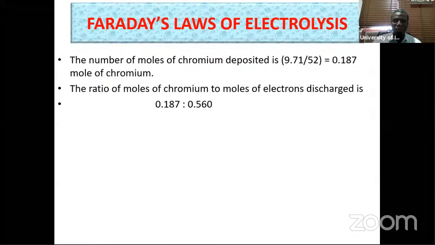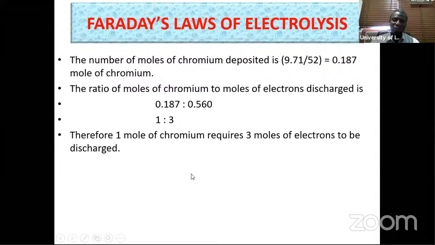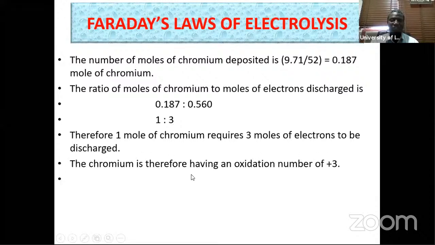So what you now do is you compare this ratio to this ratio. So you have this amount discharged, and you have this that has discharged it. So that means to every one of this, there must be 3 of this. So it's ratio 1 to 3. So that shows that for every mole of chromium, you have 3 charges. And that means that your chromium is actually chromium 3+. So that is the way to look at this.